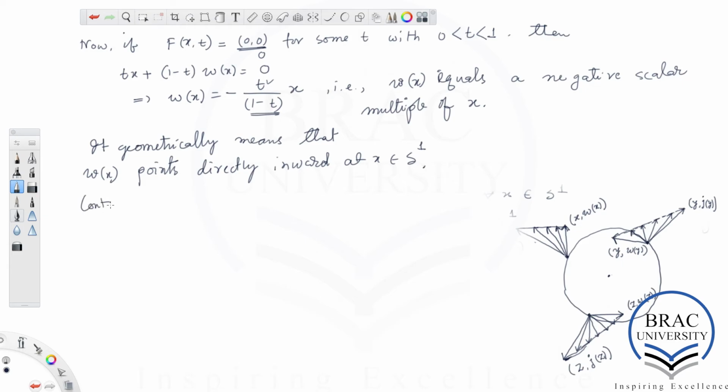Contradiction, because we assumed that there is no such point where the vector field points directly inward.